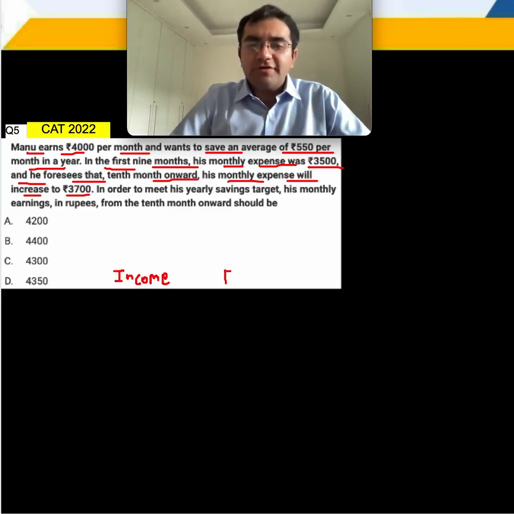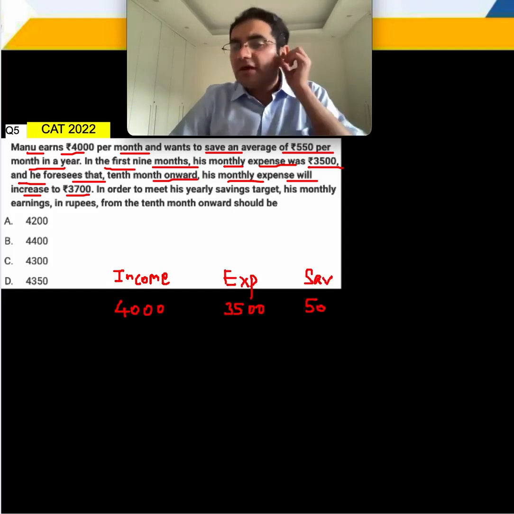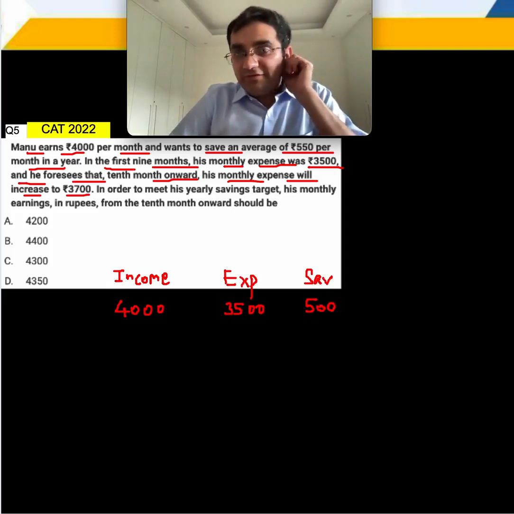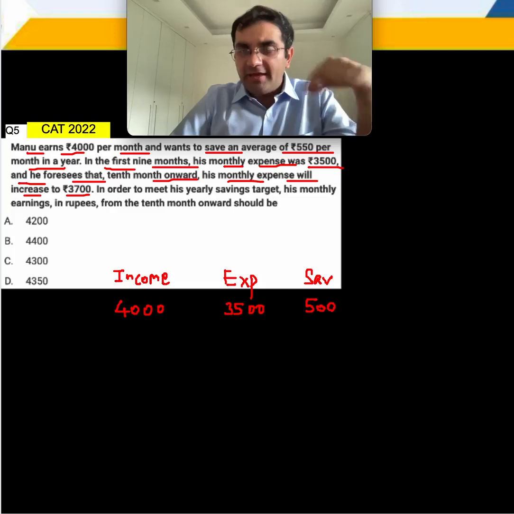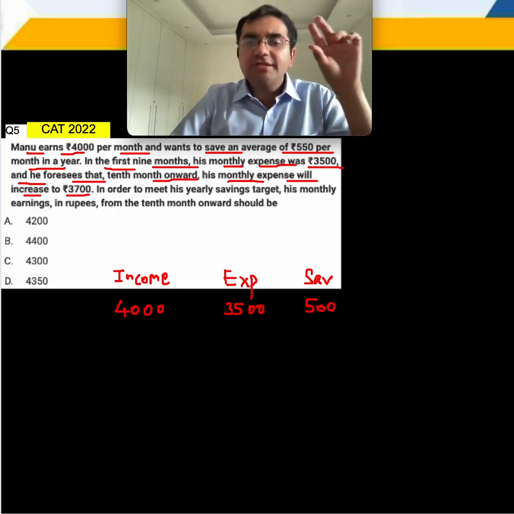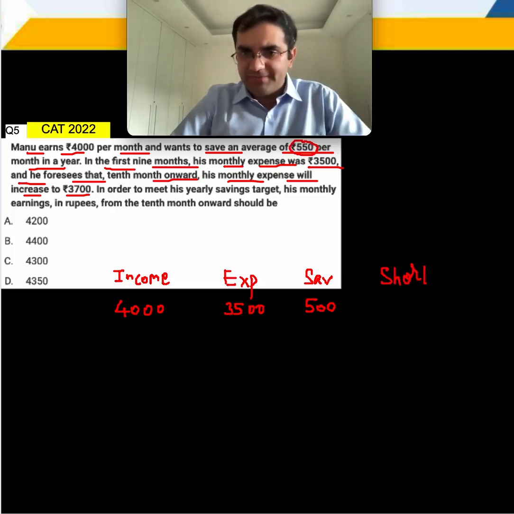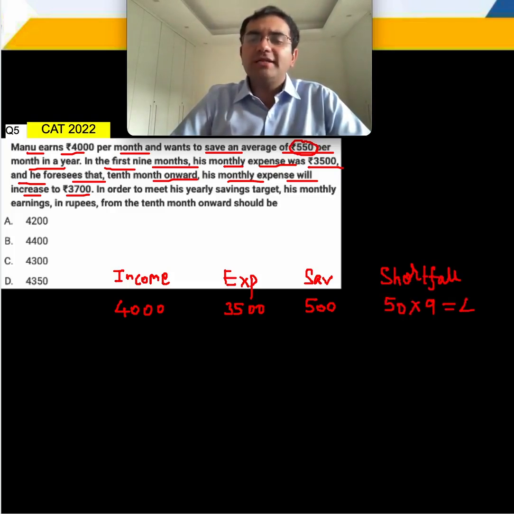उसका income for the first 9 months: income is 4,000, expenses is 3,500, savings are 500 per month, but उसको 550 चाहिए. 500 है, 550 चाहिए, means 50 rupees per month उसको चाहिए for 9 months. So there is a total shortfall of 50 into 9, that's rupees 450.